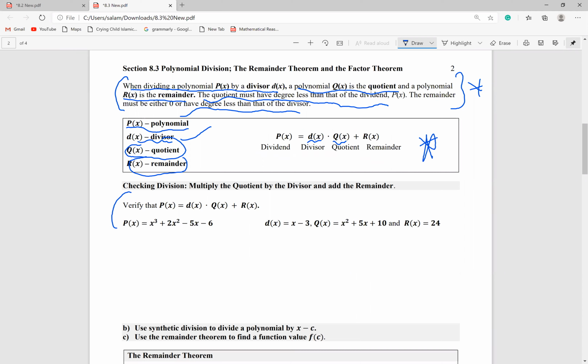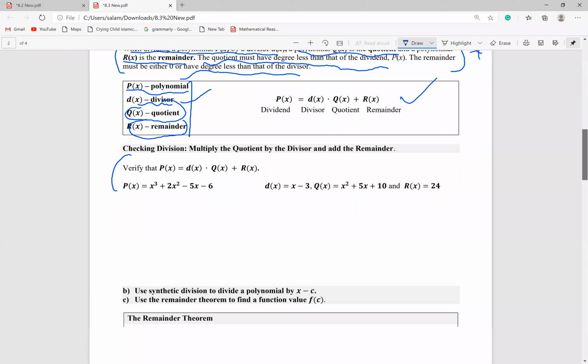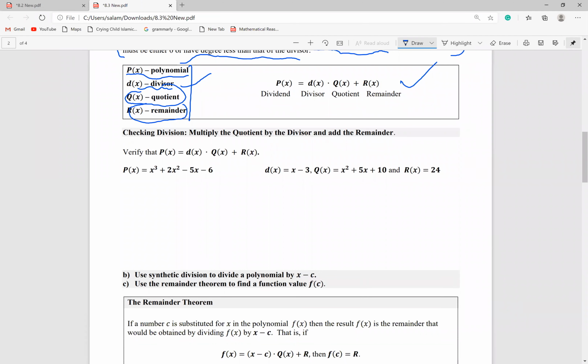So this is more like a fact. Our p of x is equal to d of x multiplied by q of x plus r of x, and everything is actually defined here. You know what your d of x is, what your q of x is, and what your r of x is. So we want to verify that p of x is actually equal to d of x multiplied by q of x plus r of x.